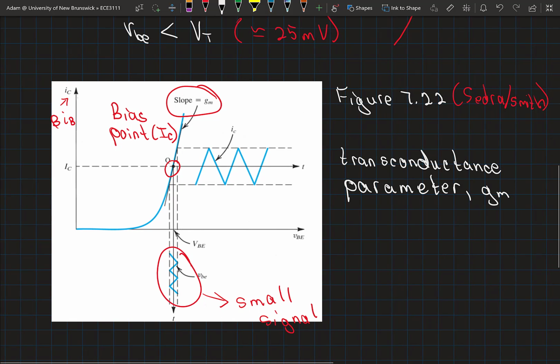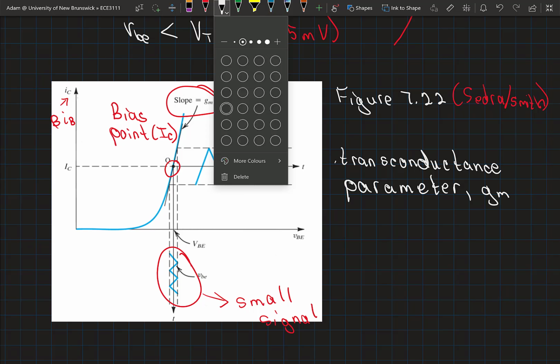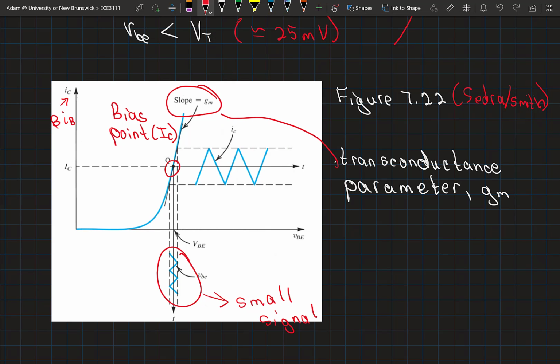Transconductor conductance parameter gm, shown here as defined by this slope at the operating point. That transconductance parameter, much like in the case of the diode, is defined as the changes in IC due to changes in VBE.